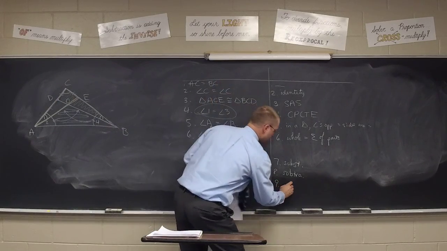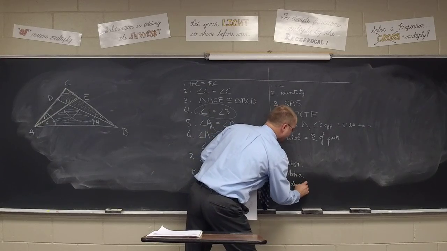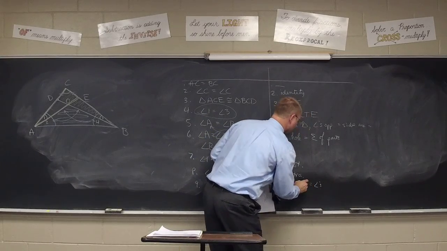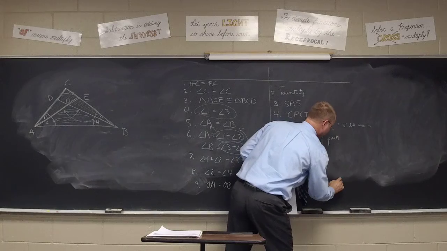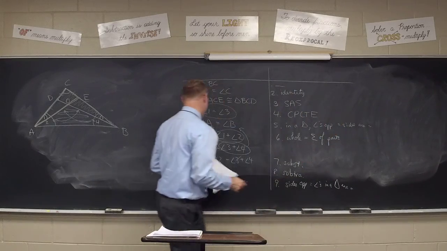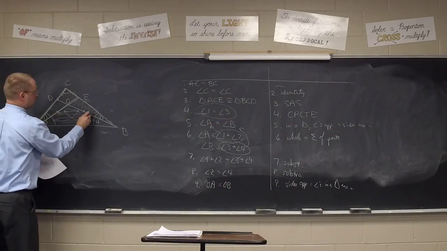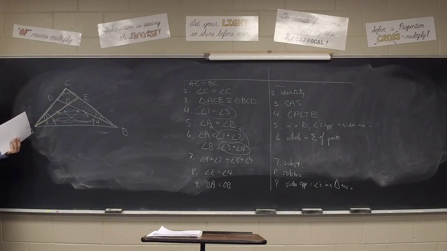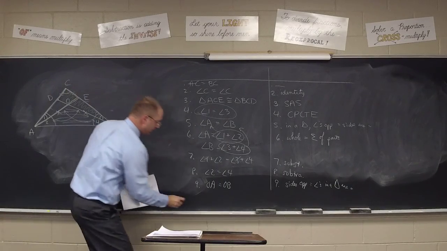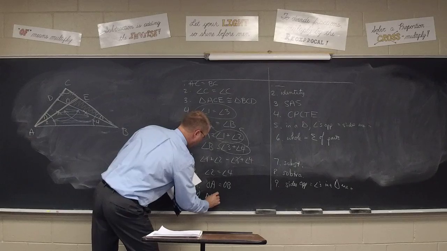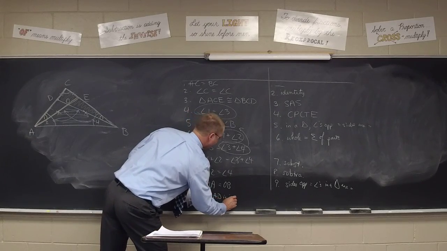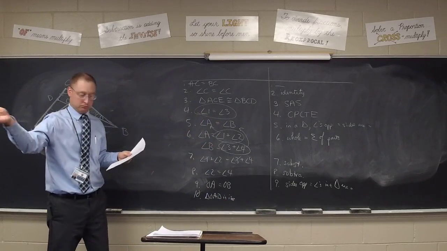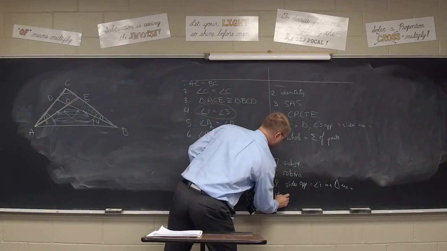Sides opposite equal angles in a triangle are equal. And if OA and OB are equal, 2 equal sides, what do we call that triangle, class? Number 10, triangle OAB is isosceles. And our reason, anyone? Definition of isosceles triangle.